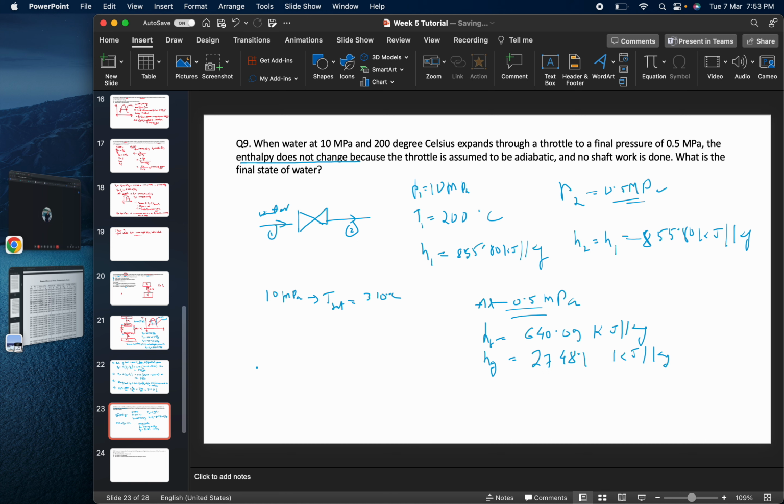Now you see, since my H2 is between them, HF is less than H2 is less than Hg at 0.5 megapascal. Therefore, in the final state, the steam is wet.